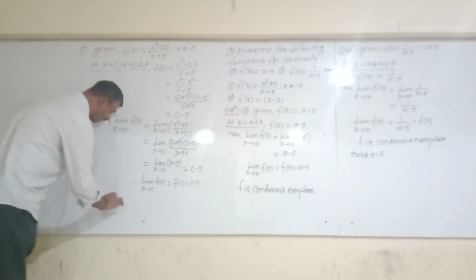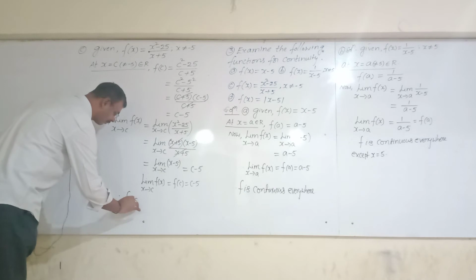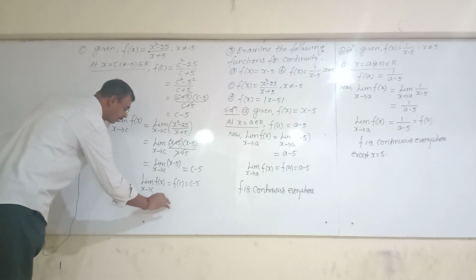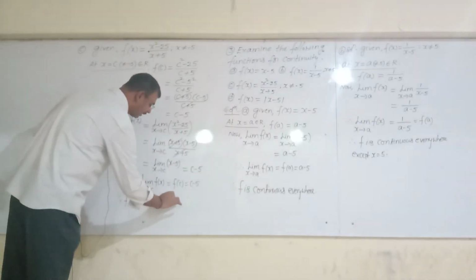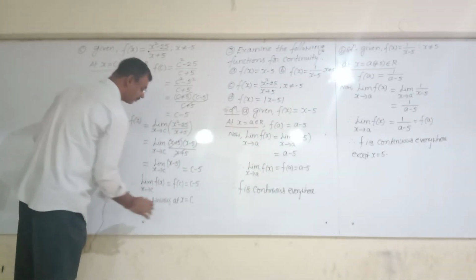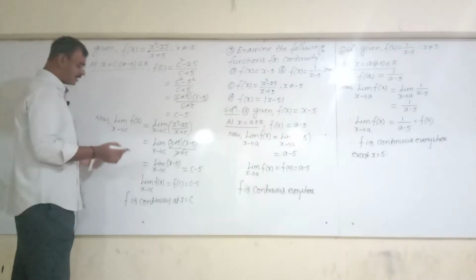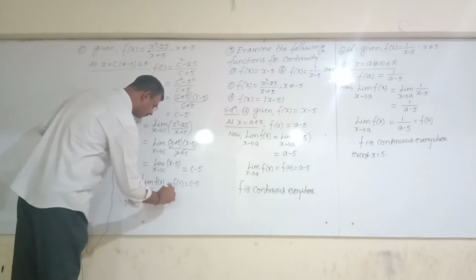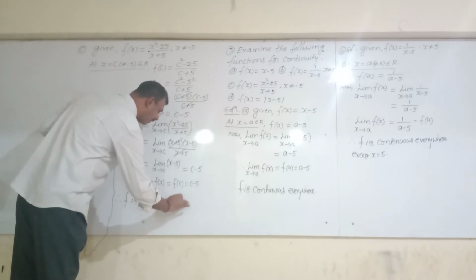Hence f is continuous. f is continuous at x is equal to c. That means everywhere it is continuous.